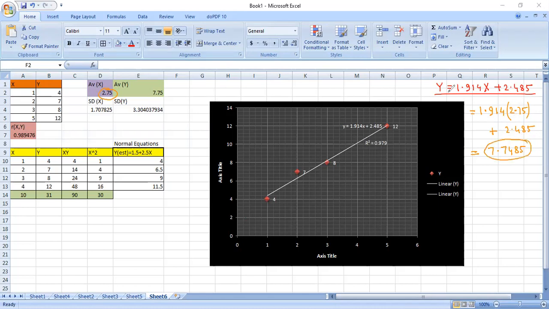And you know that in this particular case, we have chosen this value 2.75, which is nothing but x bar, and the value that has been obtained is equal to y bar.